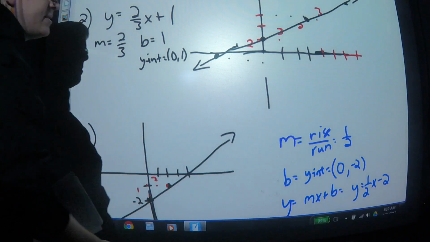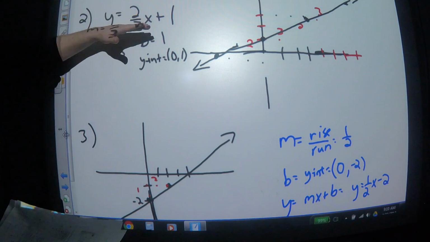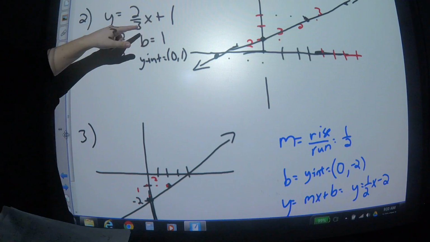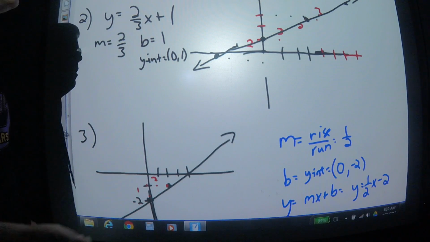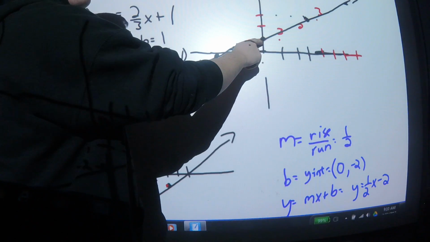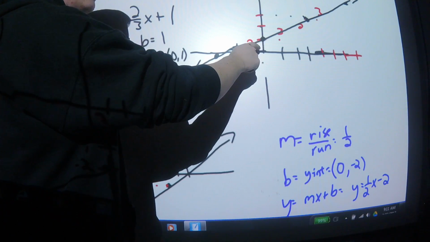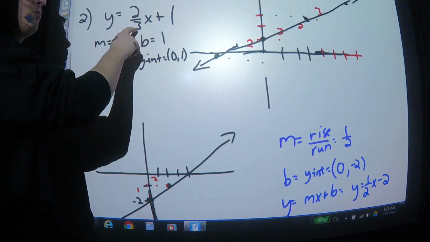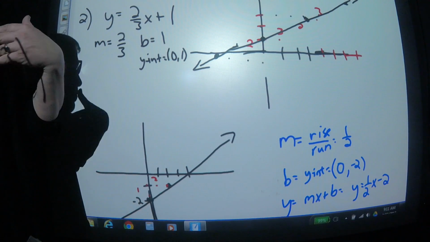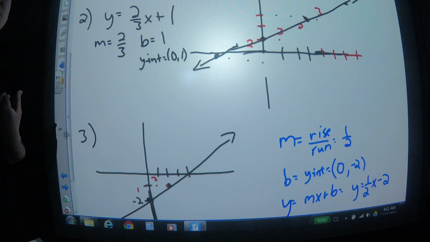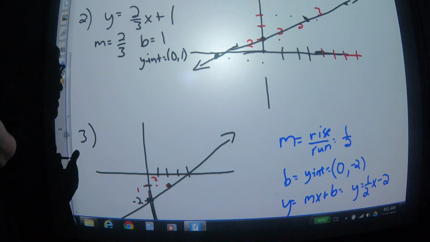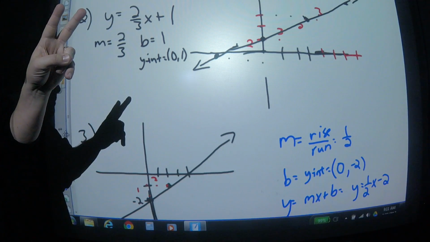Either way, doesn't matter. But if you were given this equation of the line, start there with your y-intercept. So my y-intercept is 1, which means that it crosses the y-axis at +1, and then use the slope from there to plot the other point, and then connect the line. I try to draw 3 points on the line to make it easier to draw the line, but in order to draw a line, you're only required to have 2 points, okay?